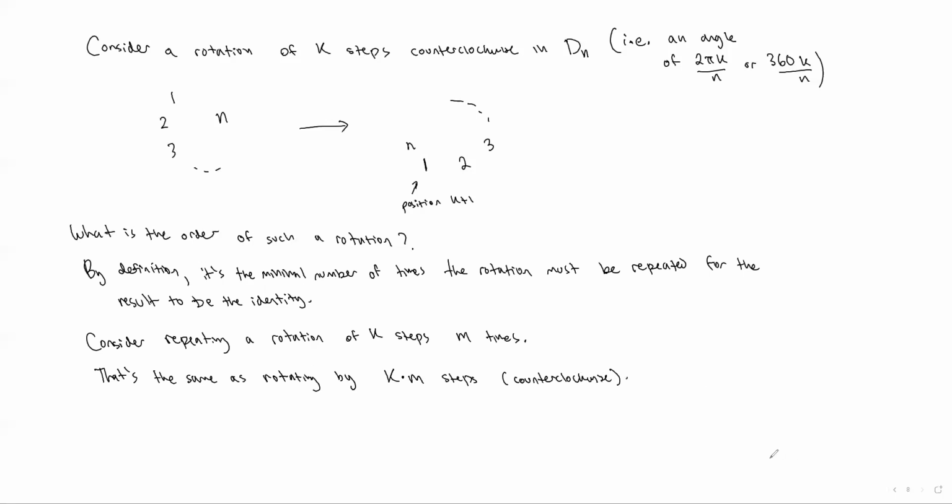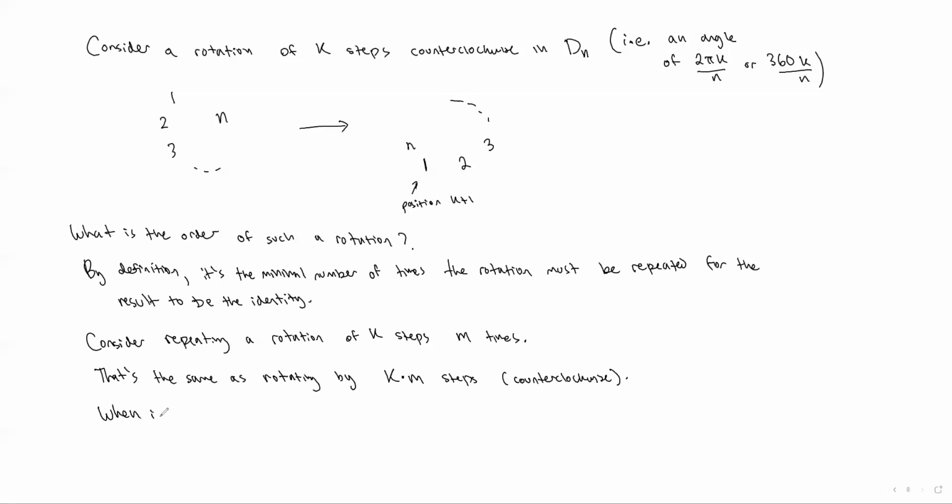So repeating a rotation just multiplies the number of steps. And remember, steps is how many positions each vertex is moving. I'm trying to give a discrete number to describe a rotation instead of a weird angle. So that's the same as rotating by k times m steps.